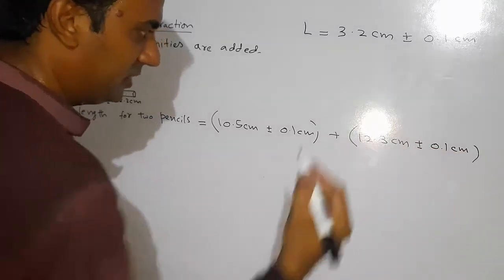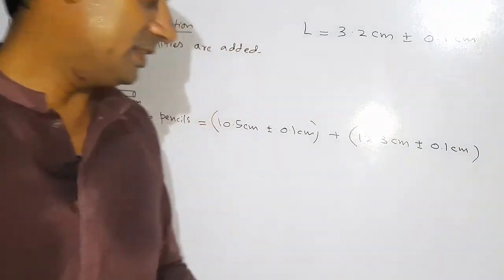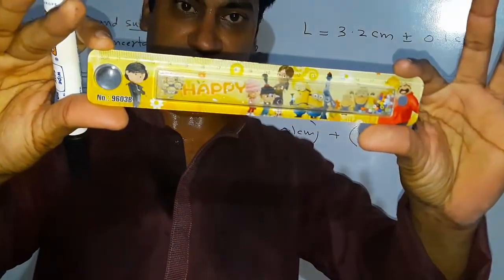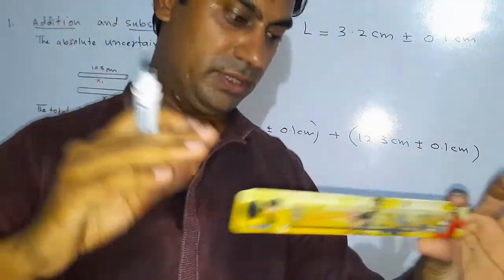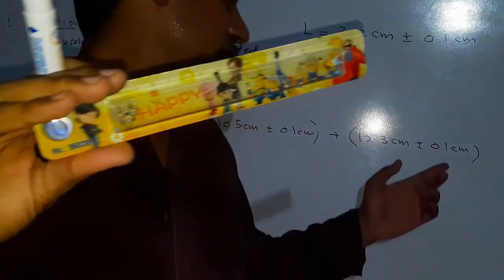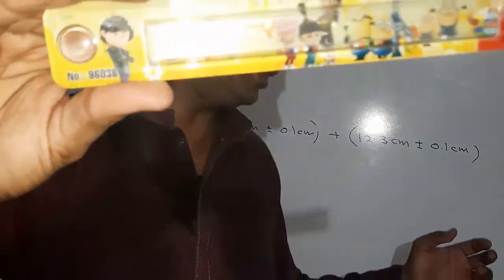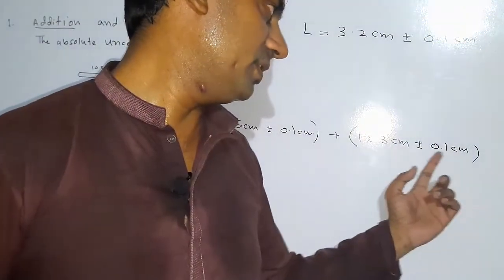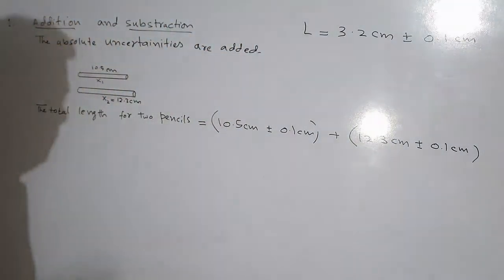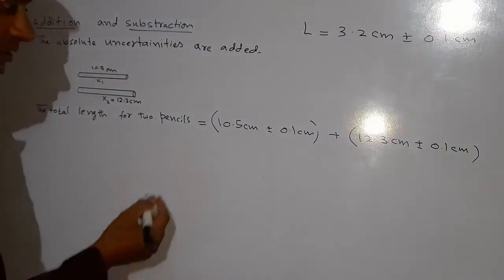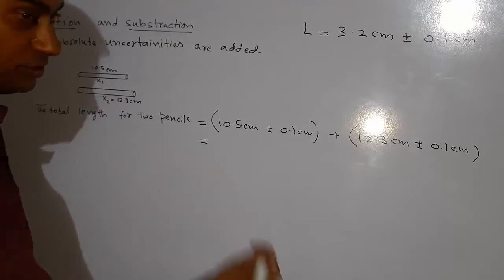Why are we writing plus minus 0.1 centimeter? Again the same reason: we have measured the length of the second pencil with the same instrument, the meter rule, having absolute uncertainty plus minus 0.1 centimeter. So what will be the final answer, and the uncertainty?